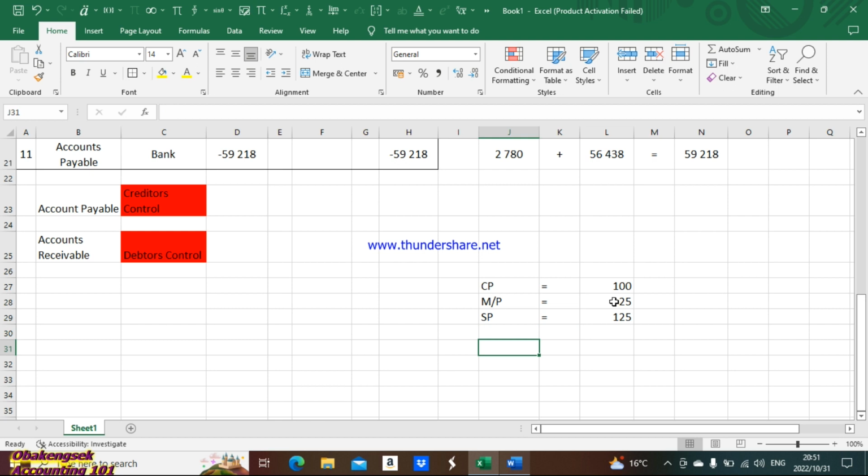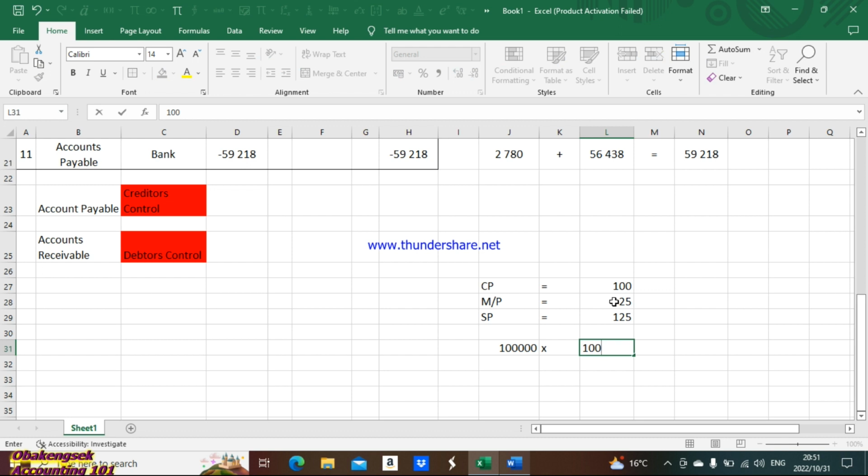So if we sold goods at a selling price of 100,000 rand, we were going to have 100,000 multiplied by what we want. So we're looking for a cost price, which is 100, divided by what we have, the selling price, 125.